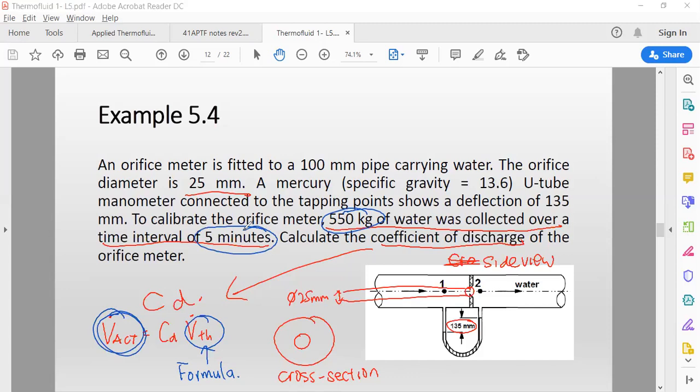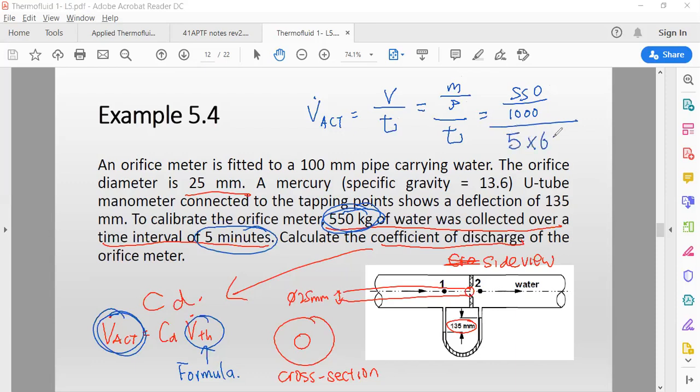V actual, you can calculate by a simple formula: volume divided by time. Since I'm given 550 kg, I must use mass divided by density, divided by time. Mass is 550, density is 1000, and the time is 5 minutes, changed to seconds.